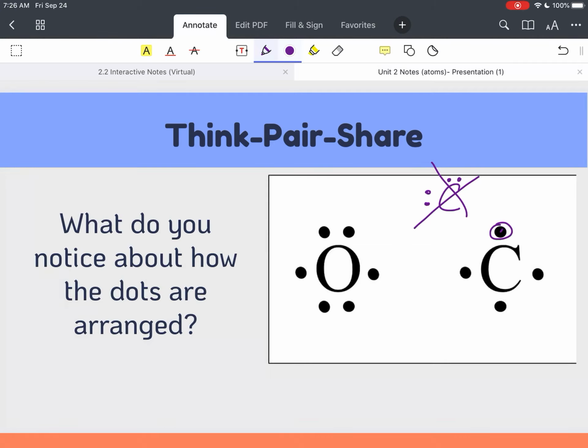Instead, I draw one at a time as I'm going around. Remember, every atom wants 8 electrons in their outer shell. So I can see I have kind of one missing on each side. So it's easy to imagine that I might need some type of other element over here where carbon can kind of share those electrons.